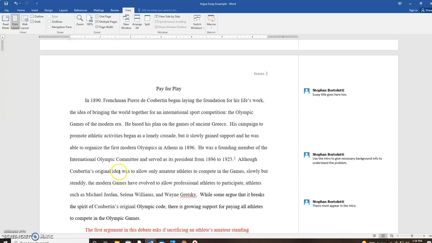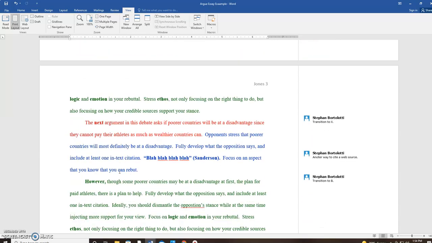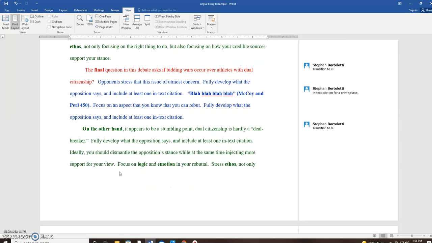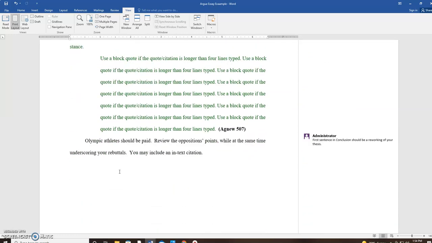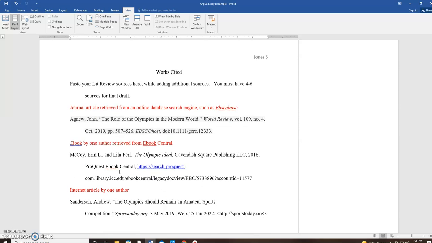Now, the reason why I point that out is because when you come down to your source pages, remember this page, the works cited page, is the list of sources that you actually quoted from in the essay.